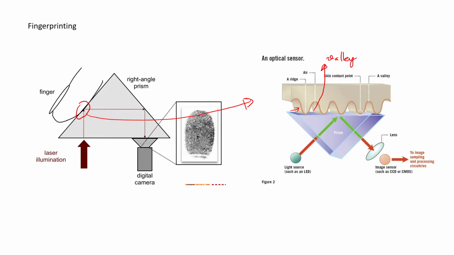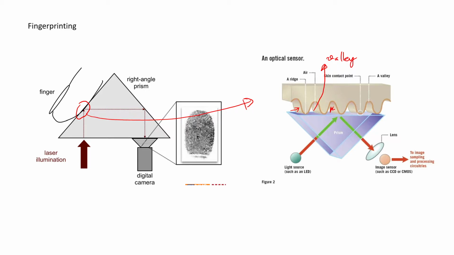Those are the gaps. If I shine a light, which could be an LED or a small laser, through the prism onto this fingerprint area, then wherever there is a ridge, light gets reflected, and wherever there is a valley, light escapes, because this is just air.